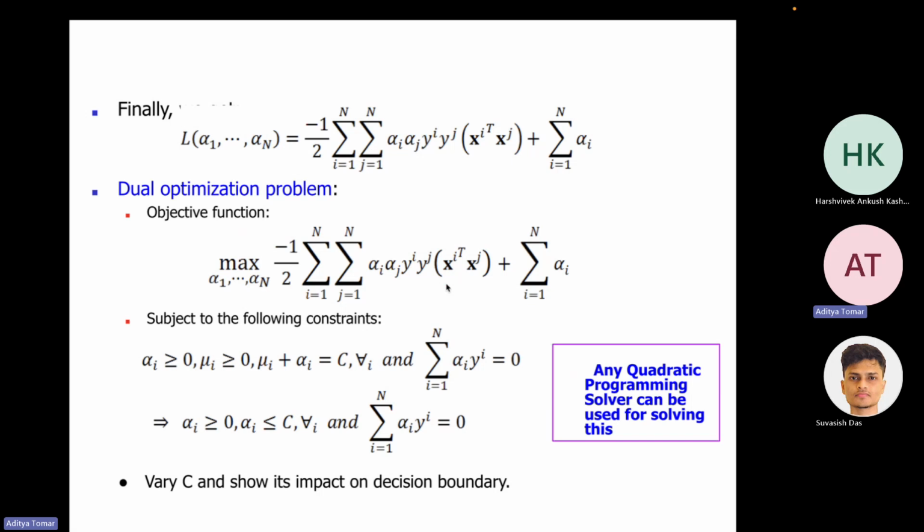Now in the optimization problem, maximizing over alpha i, alpha j, yi, yj, xi transpose xj, there is no W involved. So how do we get the optimal W? What we get from solving this maximization problem is which alpha i are 0 and which alpha i are non-zero, right? We are not trying to find the W explicitly here. We are trying to find out which support vectors, which data points, are involved in the support vector computation.